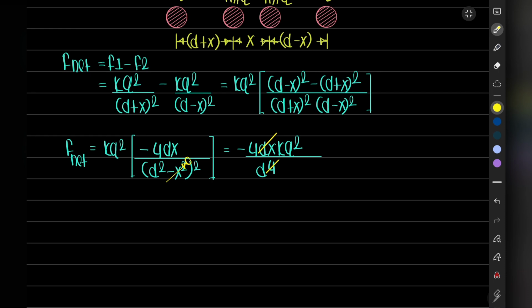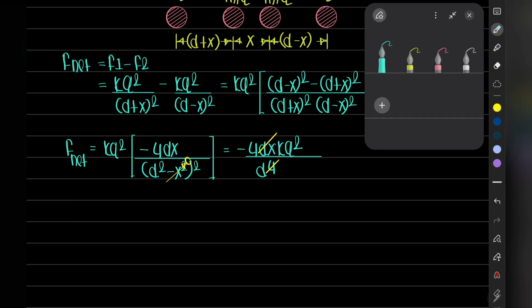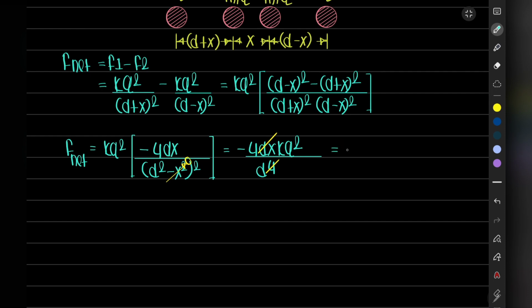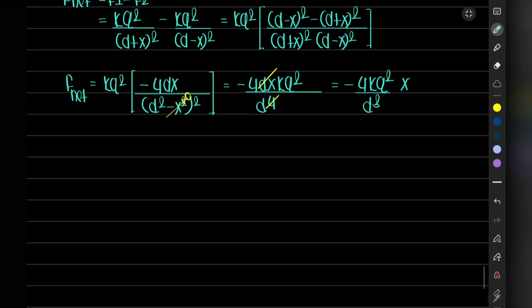Now one d will get cancelled from here, and further we will have minus 4 K q square into x upon d cube. Now we know that F is equal to m a, so m a is equal to minus 4 K q square upon d cube into x.